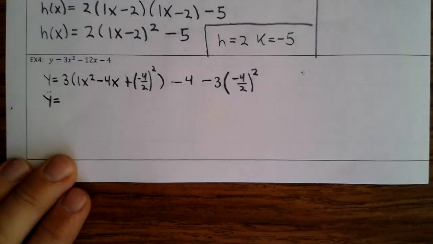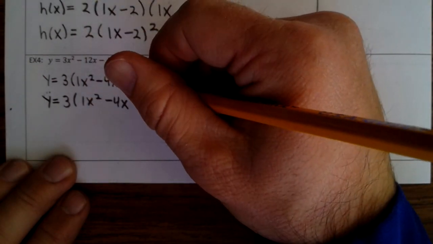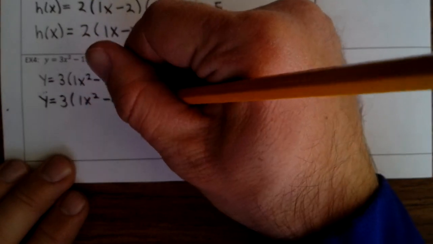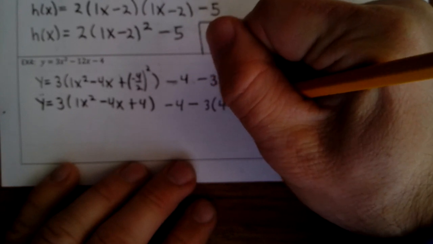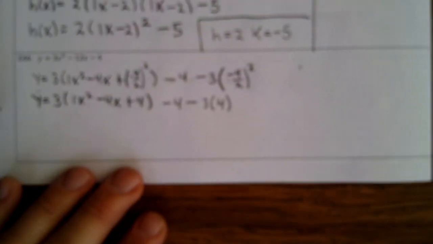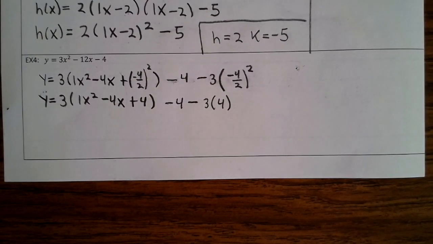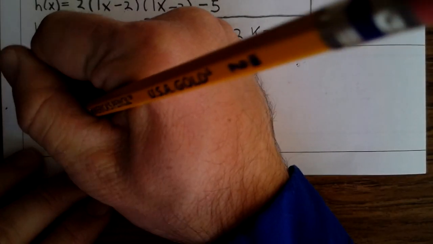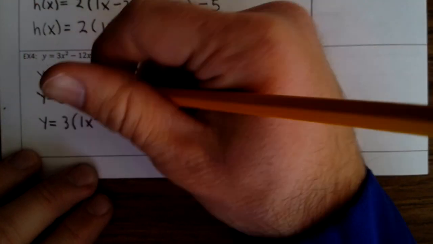All right? Now, y equals 3, parentheses 1x squared minus 4x. Negative 4 divided by 2 is negative 2. Negative 2 squared is a plus 4. And then minus 4 minus 3 times 4. Now we factor.